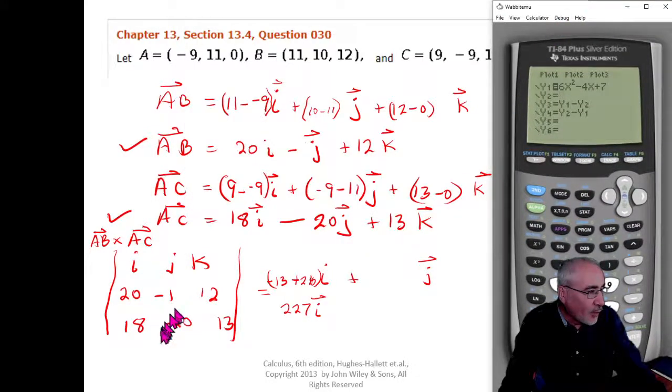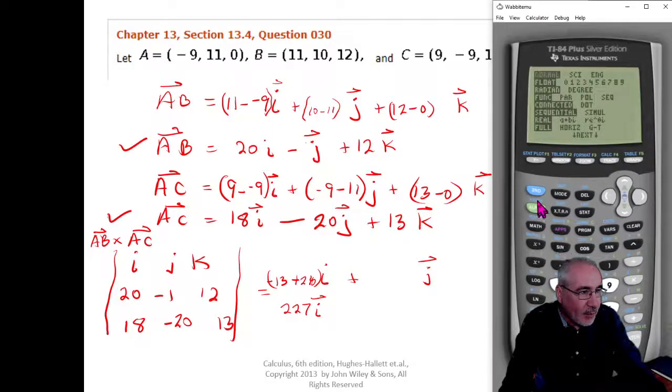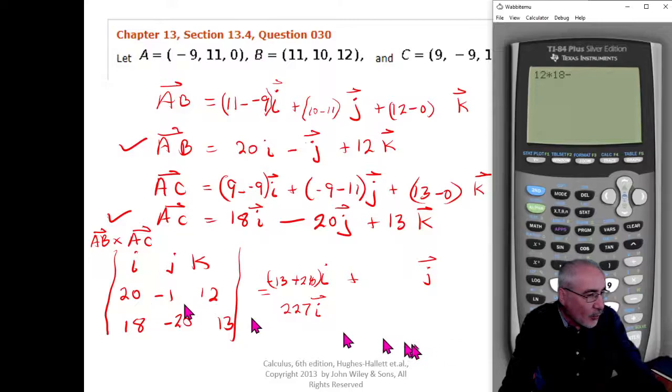So I want to do 12 times 18. And maybe this will help. Actually, it's kind of a nice way to do it. Then we don't have all this stuff here. And then I'm subtracting 13 times 20.